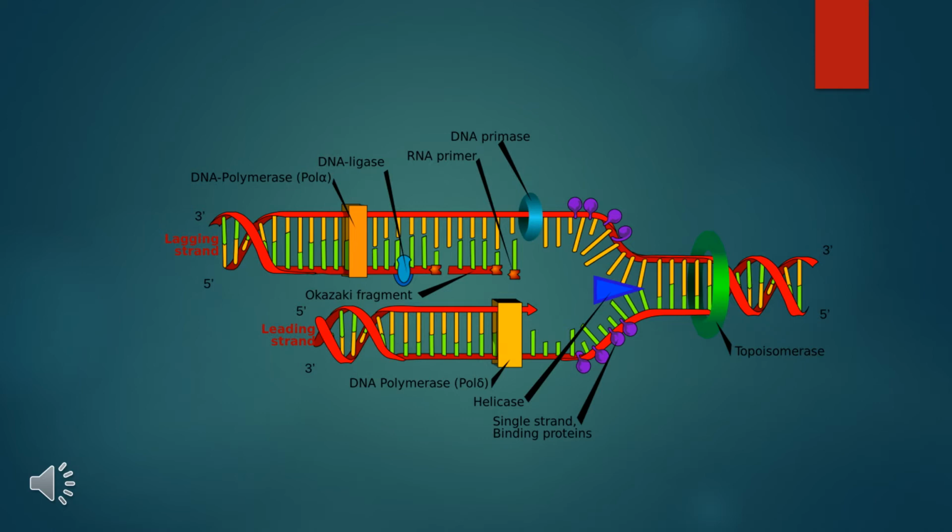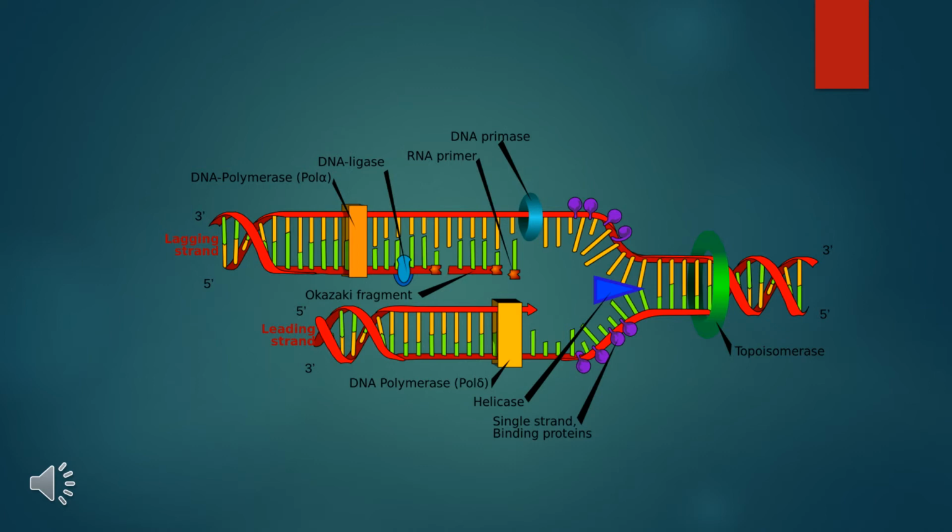Within the replication complex is the enzyme DNA helicase, which unwinds the double helix and exposes each of the two strands so that they can be used as a template for replication. It does this by hydrolyzing ATP to break the bonds between the nucleobases, therefore breaking the bonds holding the two strands together.